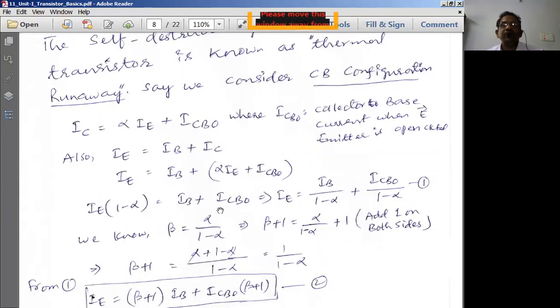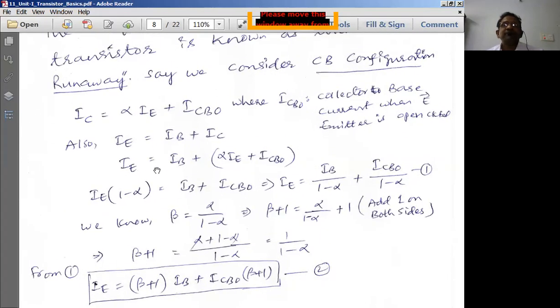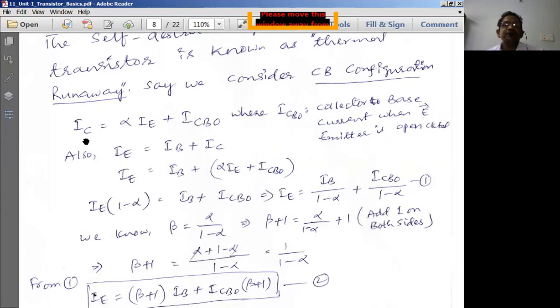Now, how do we get that work done? Let us see. In general, what is IC equal to? If you see the transistor basic construction diagram, the current flows from the emitter to the collector. So the current reaching the collector comes from the base as well as the electrons emitted by the emitter into the collector.